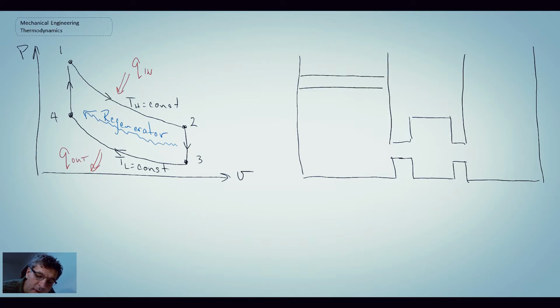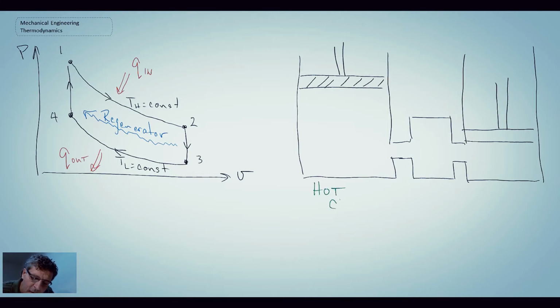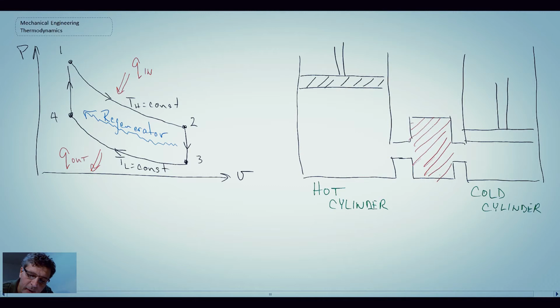I'll draw on the pistons now. So this here we'll label as being our hot cylinder, and this is our cold cylinder, and they are connected to one another through this center piece, which is our regenerator.